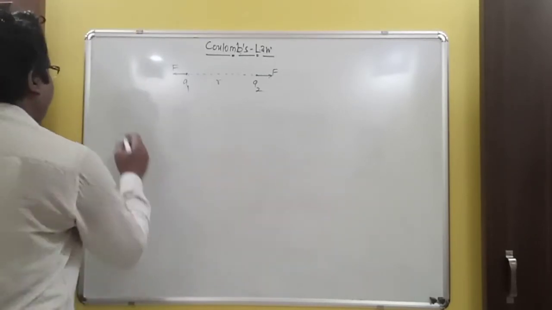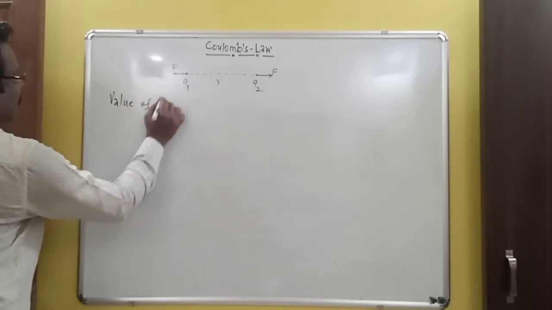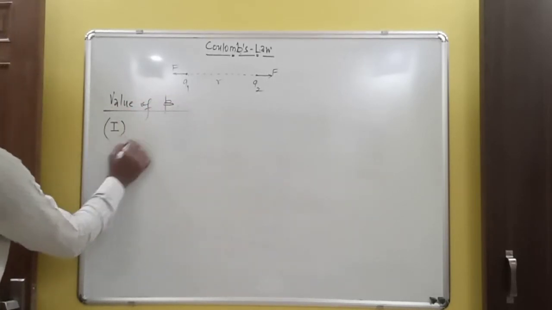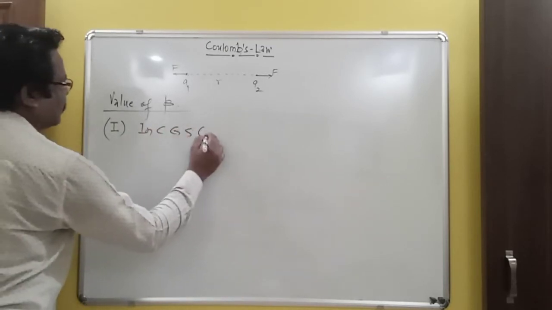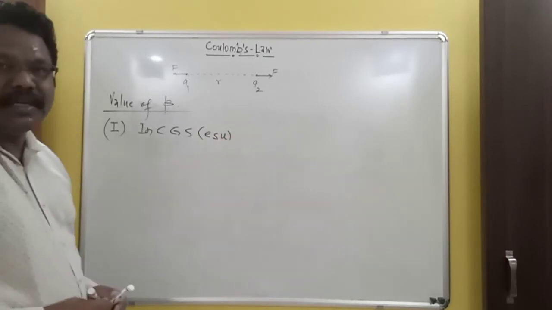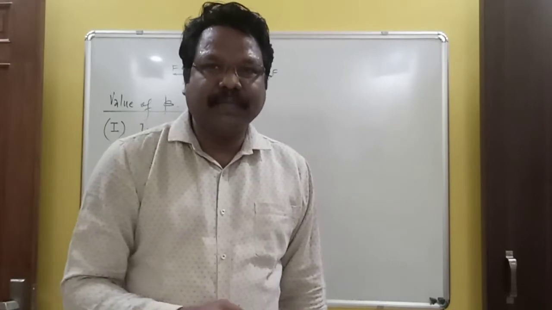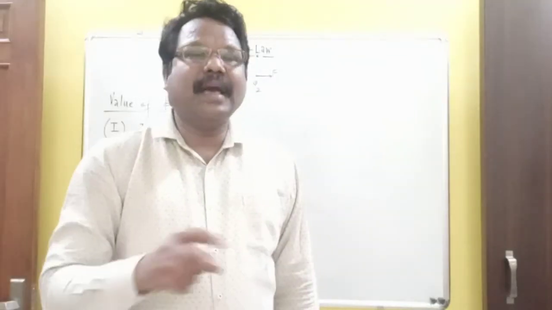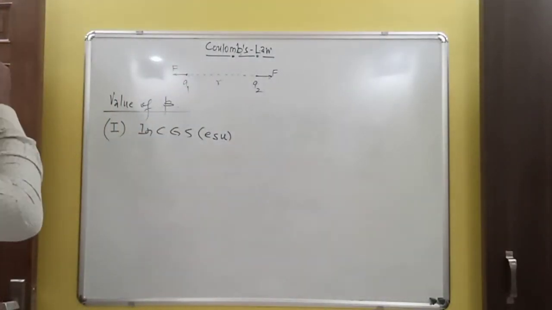So first, value of beta in CGS system, in CGS ESU, electrostatic unit system. In CGS there are two systems, electrostatic unit system and electromagnetic unit system, ESU and EMU. So here we are dealing with which system?